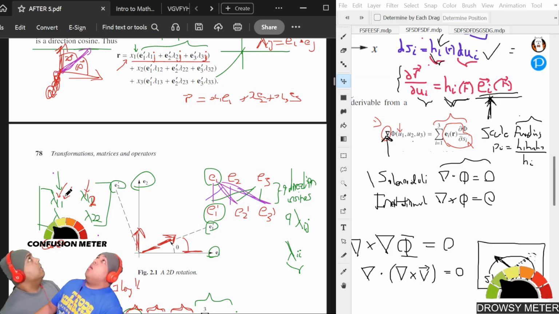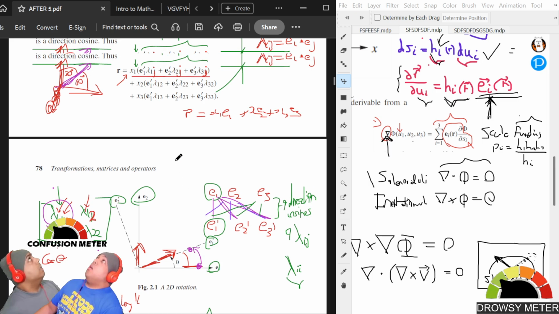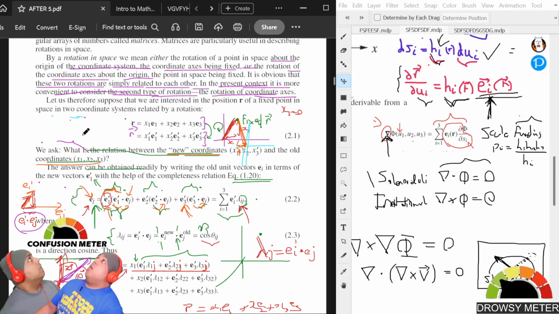New one, old one. I think I need to redo this one because I didn't take into consideration the starting position. New one is here. Old one is here. What is it defined as?